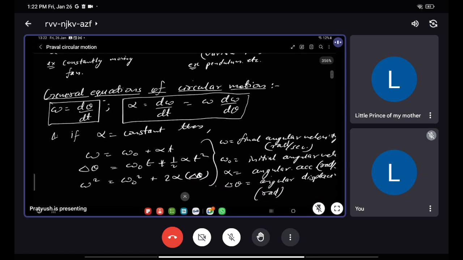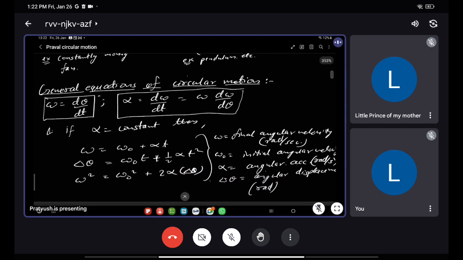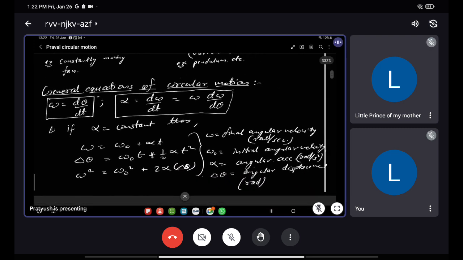Now, general equations of circular motion. What are the general equations of circular motion? See, in circular motion, if angular acceleration is constant, then we can use the equations of motion as we did in kinematics.